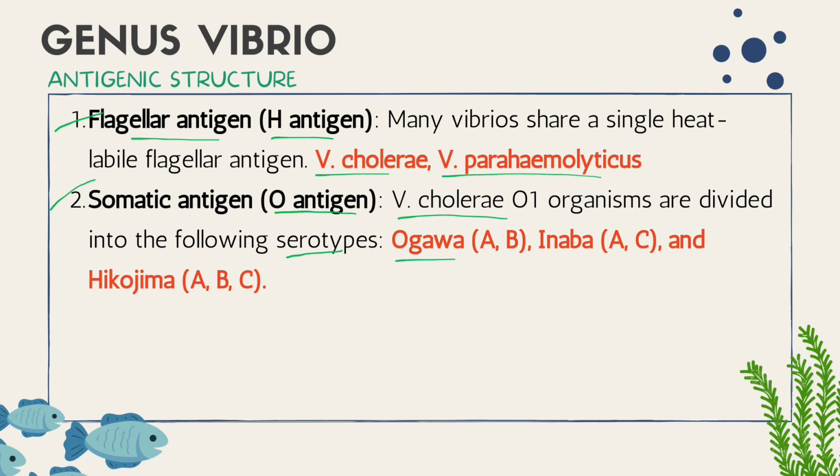We have the Ogawa AB, Inaba AC, and the Hikojima ABC. So, under Vibrio, we have Vibrio cholerae. Under Vibrio cholerae, we have Vibrio cholerae O1. Under Vibrio cholerae O1, we have Ogawa, Inaba, and Hikojima. Okay? Can you keep up? Later on, we will show you the summary.